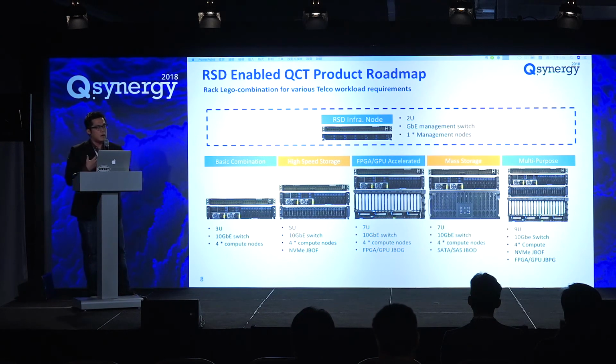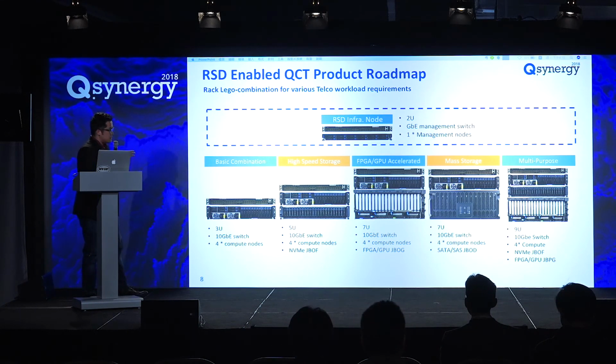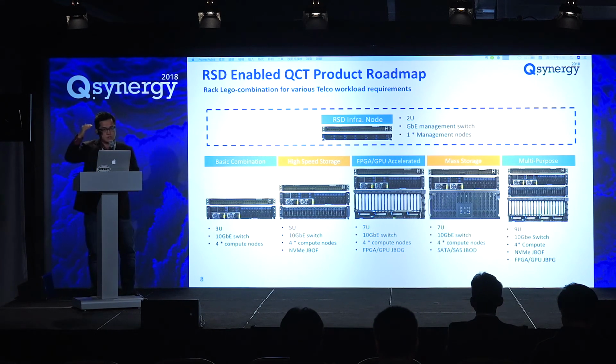So our team is also trying to implement the RSD form factors at different scales, based on QCT's hardware and also based on different workload perspectives. You can see that it's not just the full rack design, but you can separate it into basic, medium, and large scale deployments based on the RSD form factors.